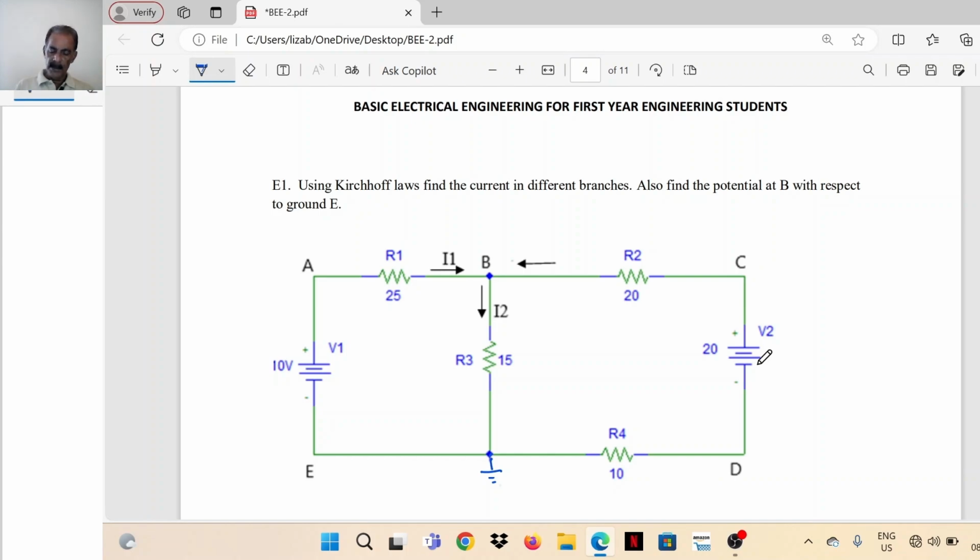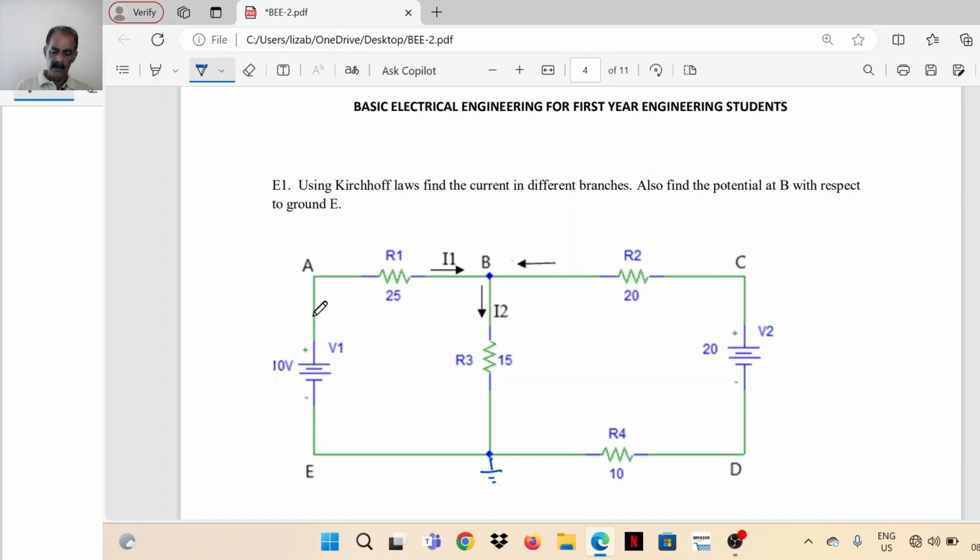Now, first step is to assume currents in different branches. We are assuming a current of I1, its direction you can assume randomly, whichever direction you want. So a current of I1 is assumed here, supplied by the 10 volt battery.